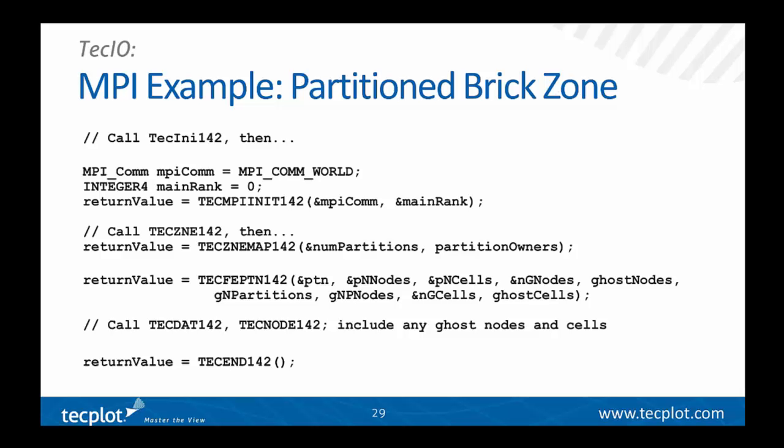The difference will be that with IJK ordered partitions, you won't have to enter any ghost nodes or cells. You'll just enter the index ranges of the overall zone that are covered by a particular partition. TecIO will do all the logic to figure out how those partitions are connected together using those index ranges.